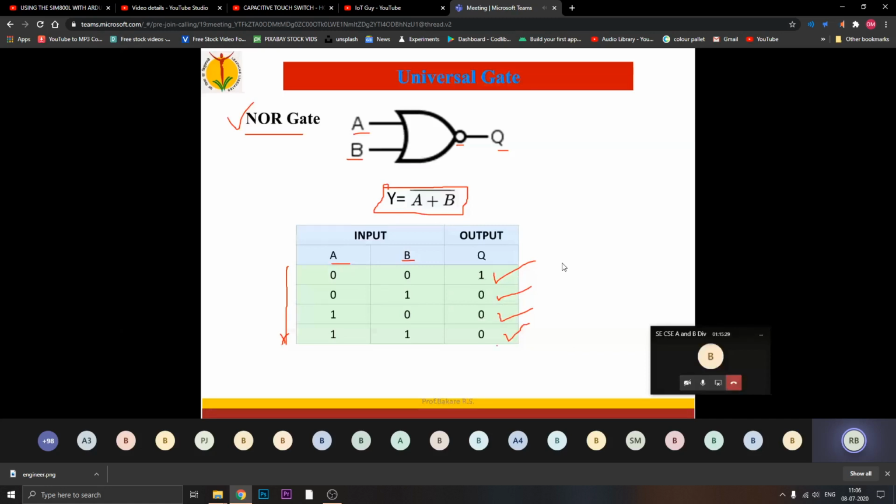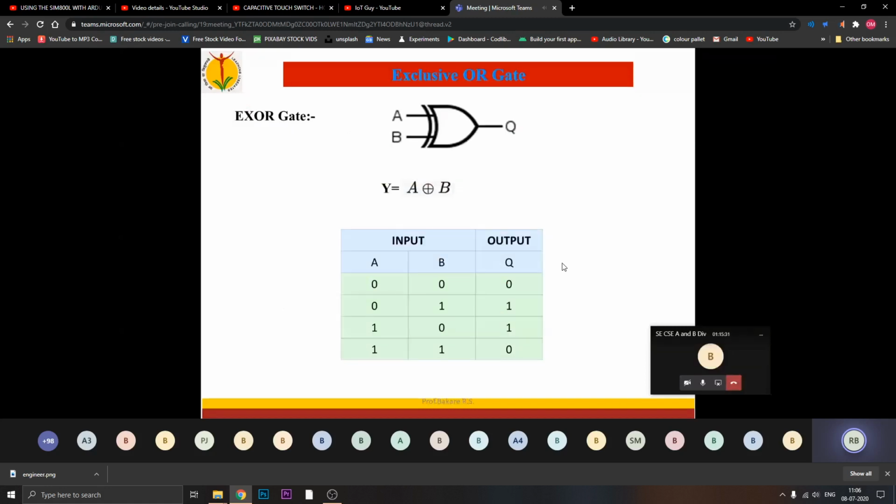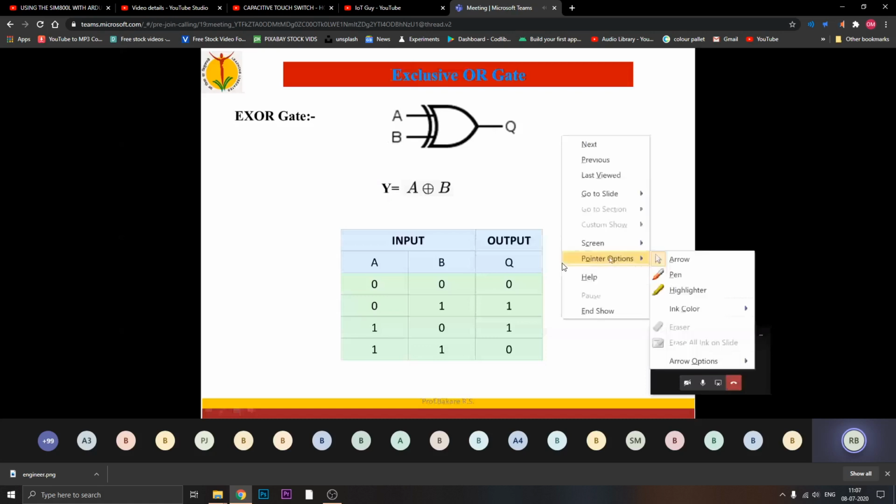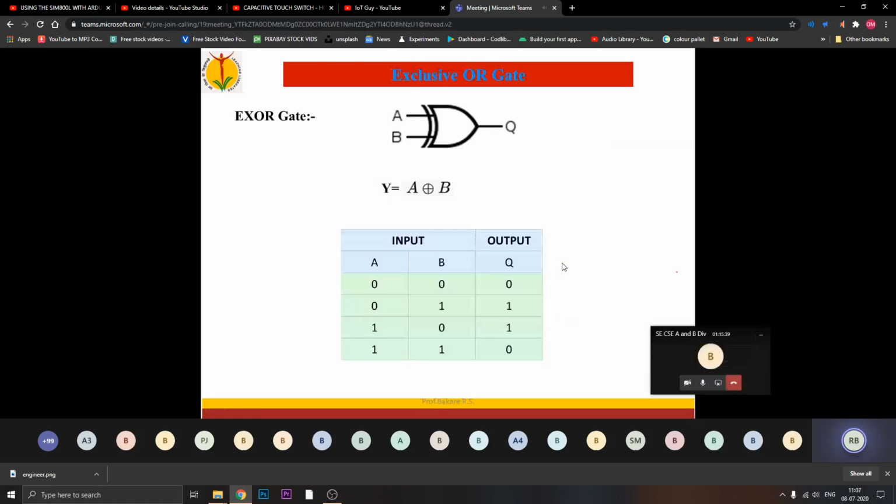Now we move further to a special purpose gate, which is the exclusive OR gate. Friends, I request you, please note it down. Exclusive OR gate is a special purpose gate which has two inputs A, B and only one output.